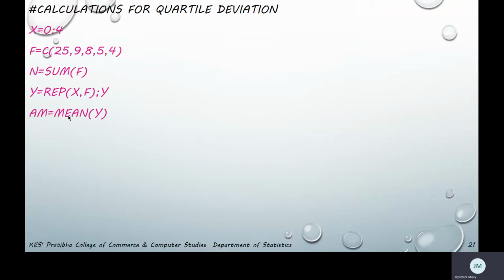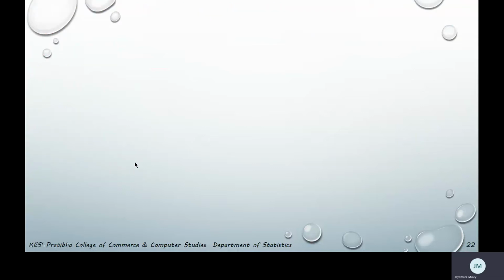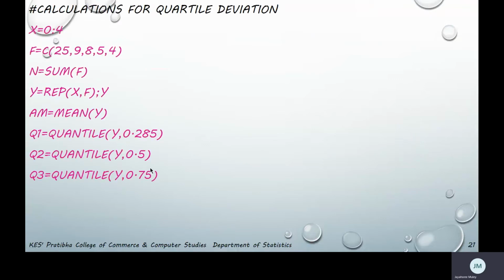Then we will take the arithmetic mean of y using the mean of y function. Then we find the first quartile of y using quantile y, 0.25. That way we have to write it. Then the second quantile we will copy by y, 0.5, and the third quartile y, 0.75. So this way we will write the command for the given data set.